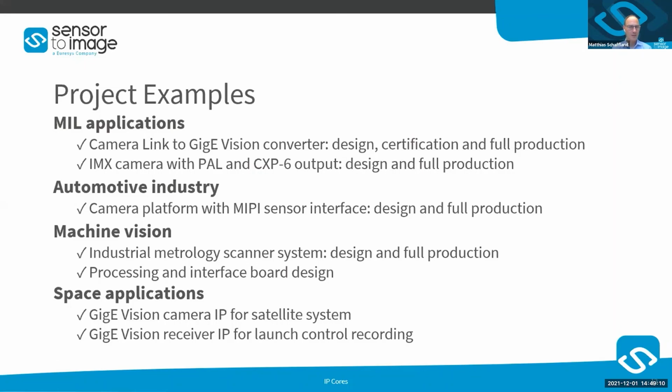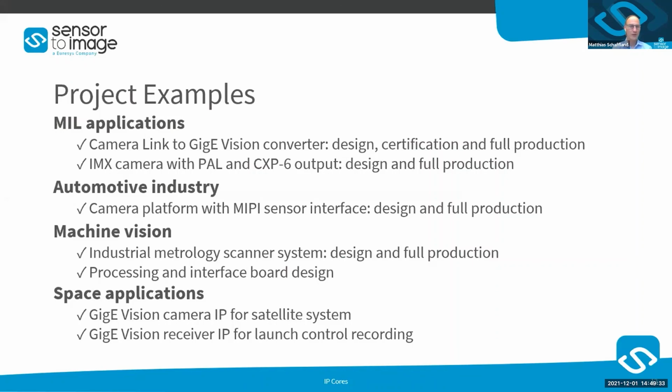And finally, no, not finally, automotive industry. Here we have a camera platform with MIPI sensor interface. So this is also a sensor-to-image system, for example. Here we do design and full production and help them with their image gathering for automotive driving.